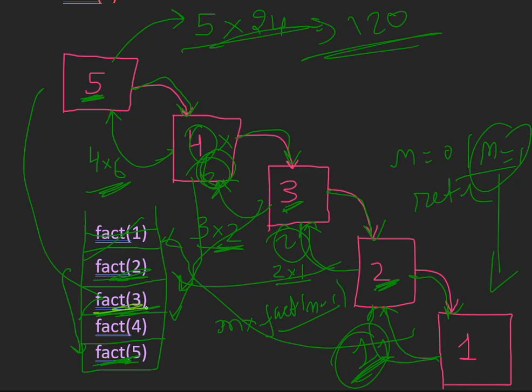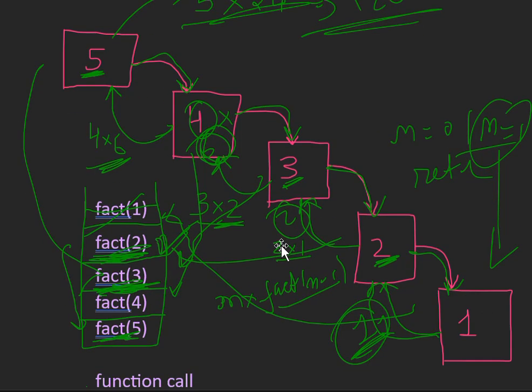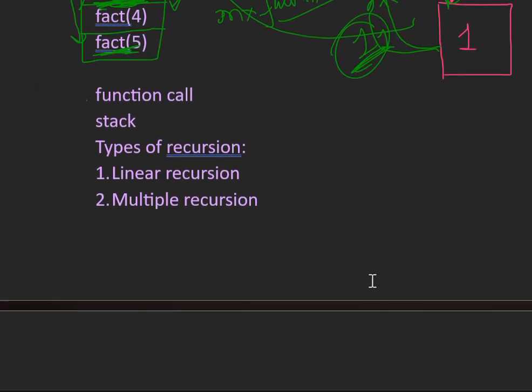As the answer of factorial of 3 depends on the answer of factorial of 2, it will wait for the completion of this function. I hope you are getting this. And one more thing, whenever you do recursion questions, make sure to draw diagrams like this, it will help you in visualizing properly.